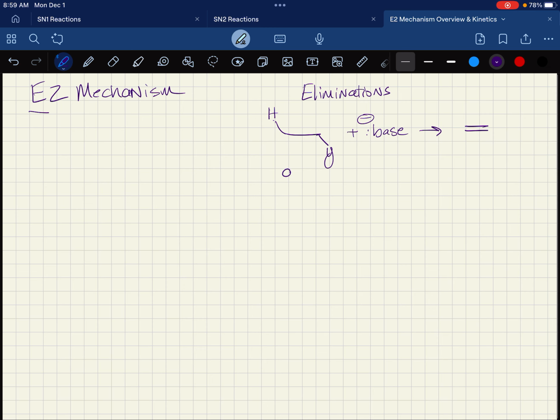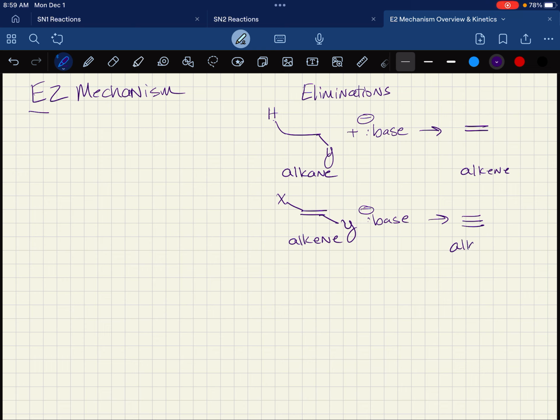So if we start with an alkane, we end up with an alkene. If we start out with an alkene, then we'll end up with an alkyne.